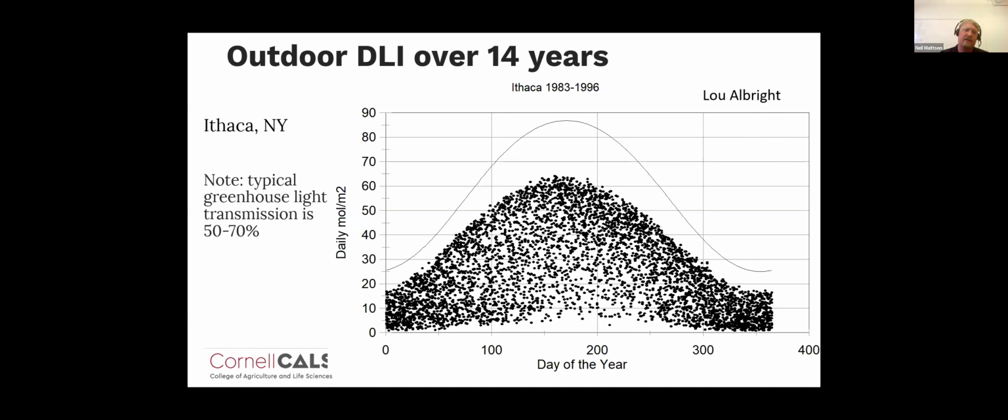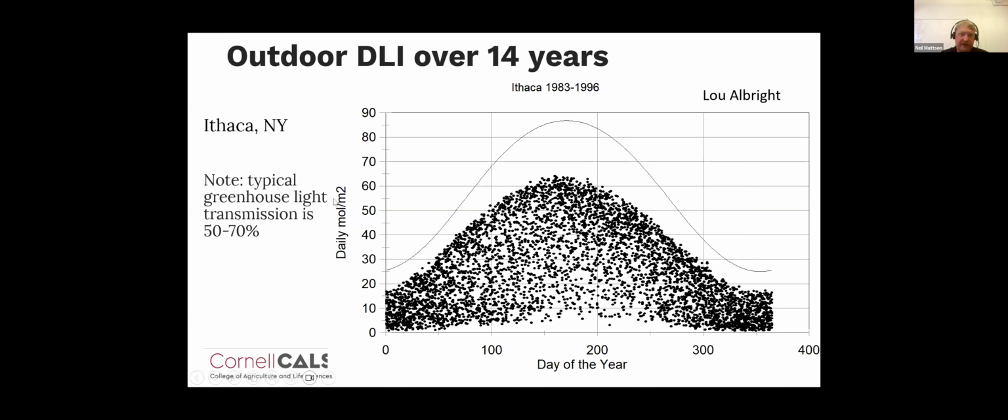But another really interesting observation is that even within, say, the summer, there are cloudy days when instead of getting 65 moles of light from the sun, we get 5 moles of light from the sun. And then in the winter, that is even worse, where the maximum amount we get is about 17 moles of light, and there are many days that we get 1, 2, and 3 moles of light. So light is highly variable from day to day.